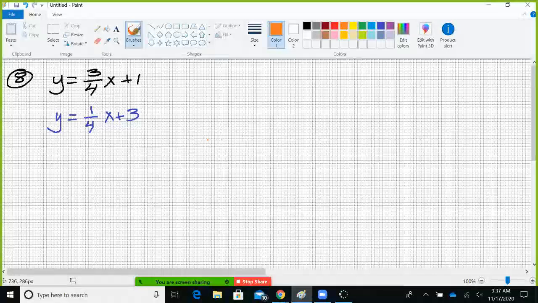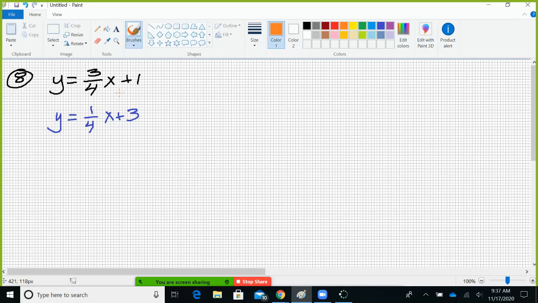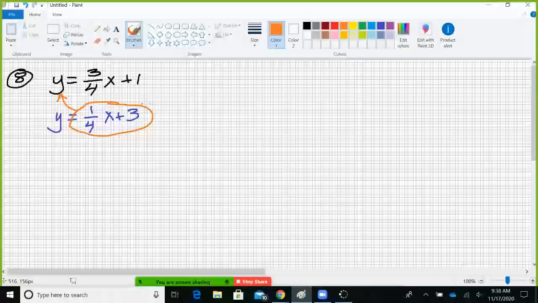No, let me show you. So this one is y equals this amount. So this amount, 3/4 x plus 1, is what y equals. Y also equals 1/4 x plus 3. So what I'm going to do is take this y value and plug it in right there because it's what it equals.